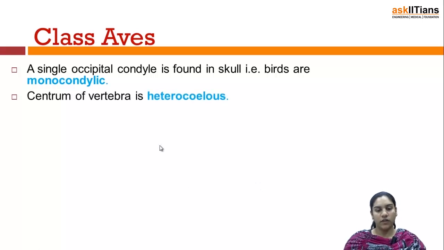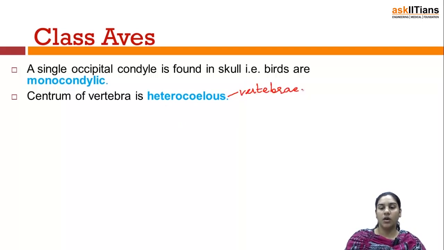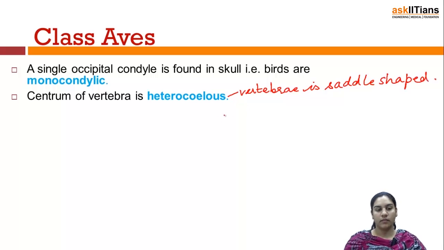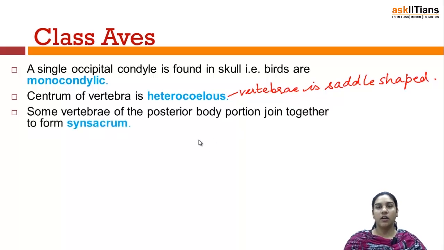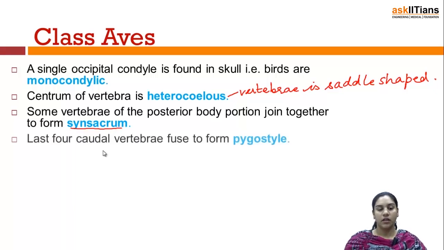The centrum of the vertebrae is heterocoelous, which means the vertebrae are saddle shaped. Some vertebrae of the posterior body join together to form a structure known as the synsacrum. The last four caudal vertebrae fuse to form a pygostyle.